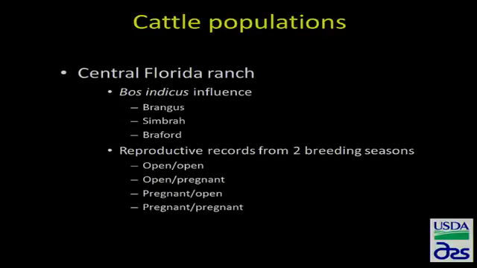They're 3/8 Brahman in their breeds with Brangus, Simbra, and Brahford. And then they also keep their animals around for 2 breedings. Like a lot of commercial ranches, once you have an open animal after 1 breeding, she's gotten rid of. They actually keep them around for a second breeding. So we had excellent extremes here. We had open animals, and we had pregnant. And then of course we have our in-betweens where they were open pregnant or pregnant open.